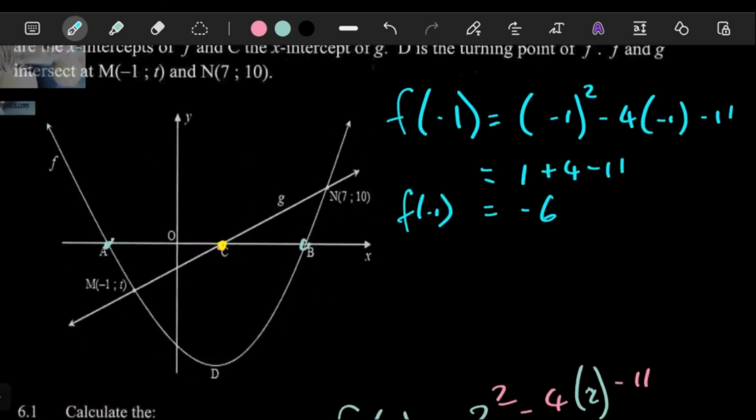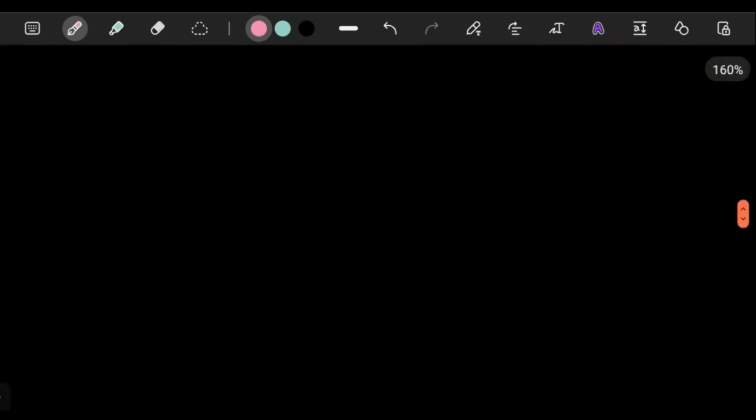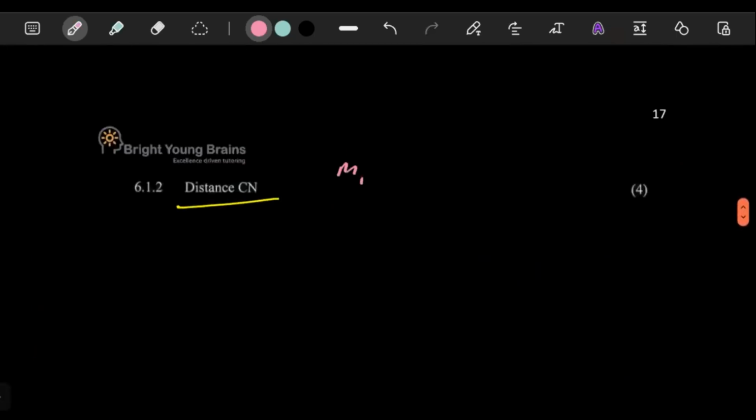We can basically move forward with our agenda, because now we can get the gradient of MN. So let's do it. Getting the gradient of MN is again (y2 minus y1) over (x2 minus x1).